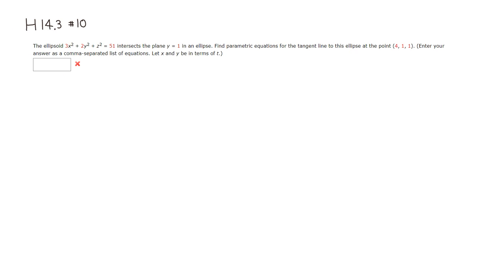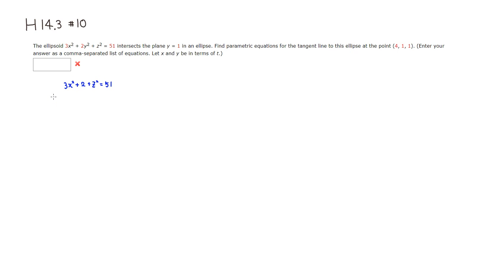So we are plugging in y equals 1. The equation becomes 3x squared plus 2 plus z squared is equal to 51, right?